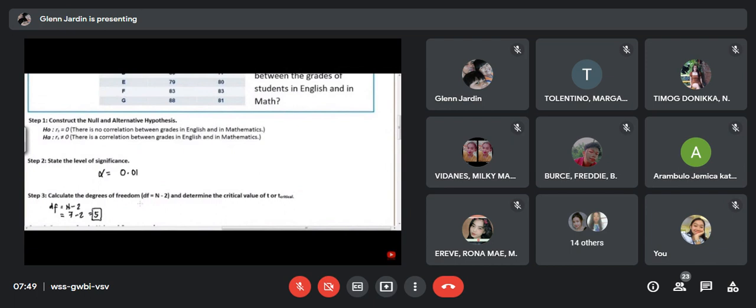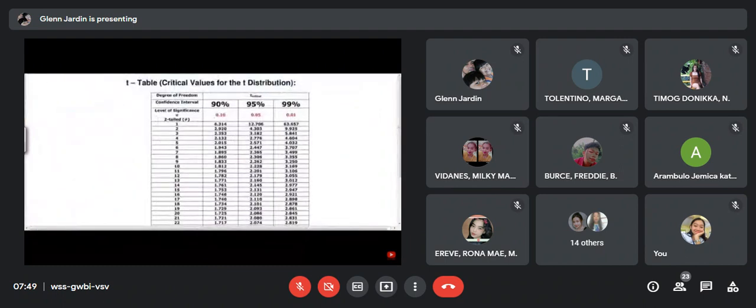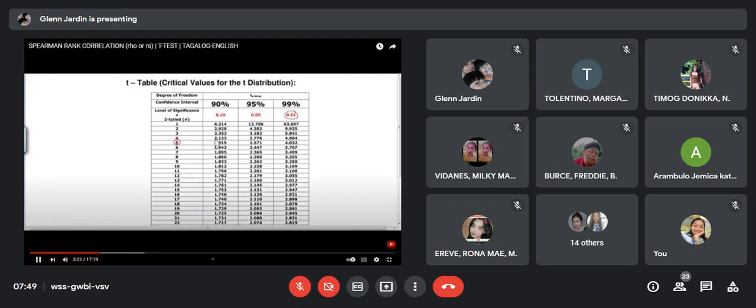Now, how do we determine the critical value? Of course, you get it from the table. How do we use the table? Here is our DF, 5. The level of significance given in our problem is 0.01.